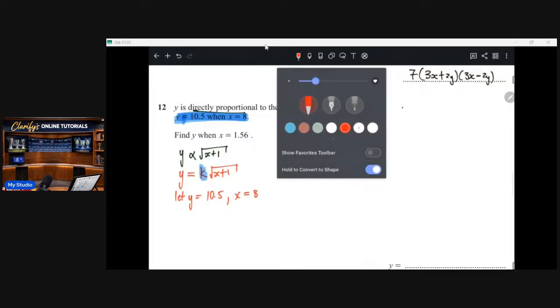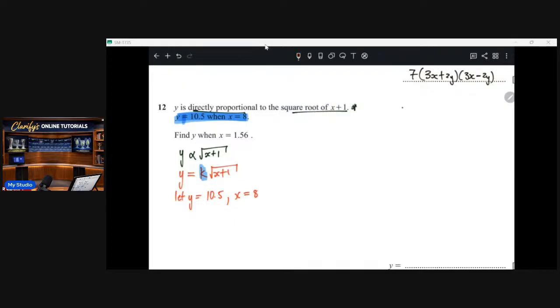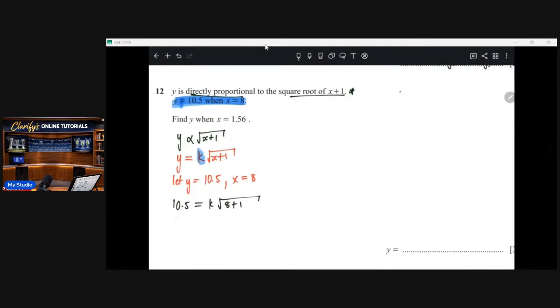So where there is y, what are we putting? 10.5. So you say now 10.5 is equal to k square root of, now you put 8 where there is x, 8 plus 1. So it becomes 10.5 is equal to k times the square root of 9, which means 10.5 is equal to k by root 9, which is 3. Now you take 3 to the other side. You have 10.5 divided by 3. This is equal to k.